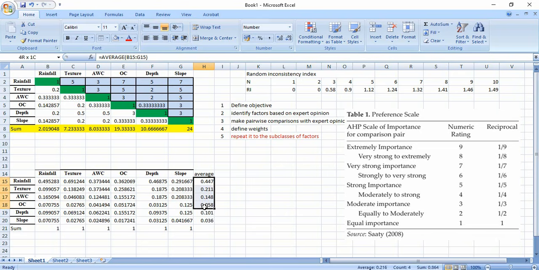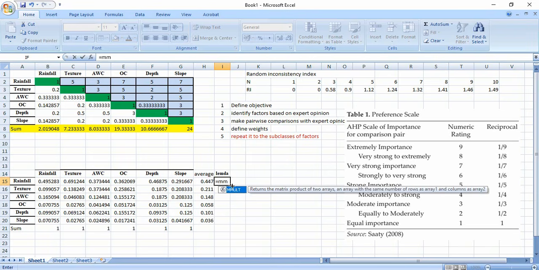But before using this average, you have to first check it for bias or consistency. Then only we can use it. For that, you have to calculate a term called lambda. This is nothing but a matrix multiplication. So you have to write is equal to the formula MMULT.